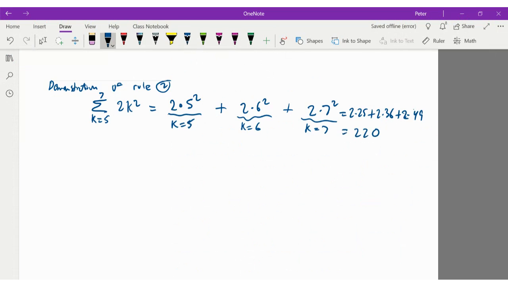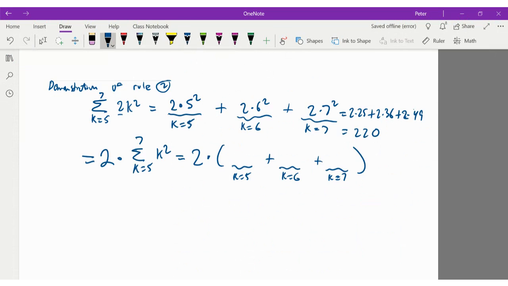And by the way, the rule that's being demonstrated here is that, because this is like a constant, I could have pulled it out and just said that this is equal to 2 times the sum from k equals 5 to 7 of k squared, which is 2 times 5 squared, 6 squared, 7 squared.